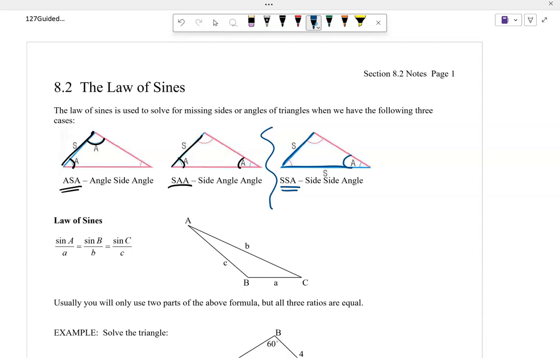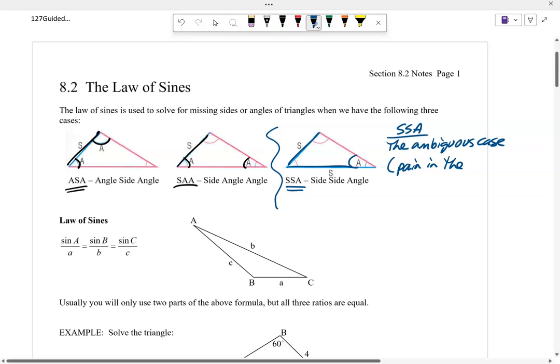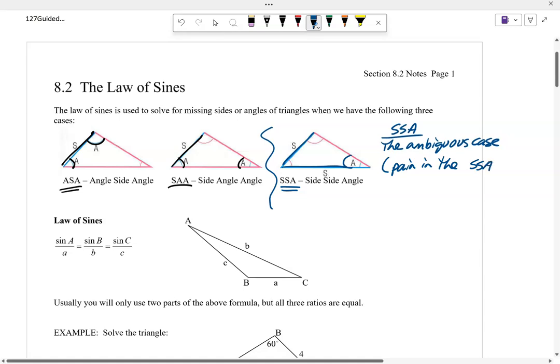And this one is what's referred to as the ambiguous case in many textbooks. That's how I remember it, ASS, right?